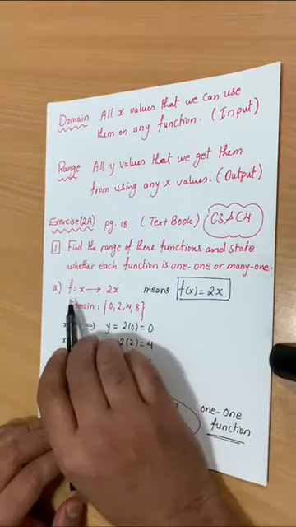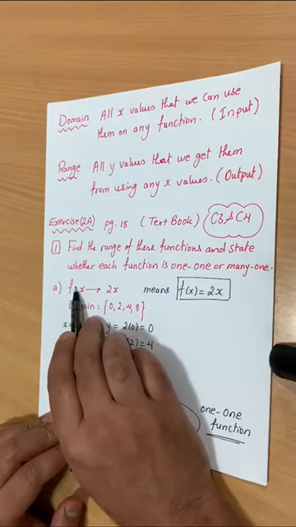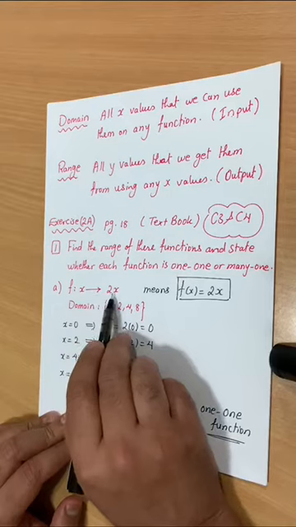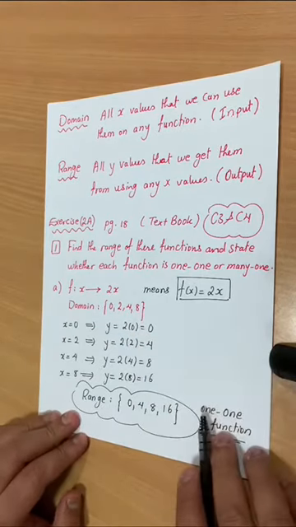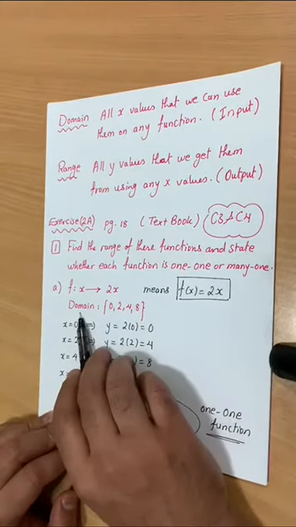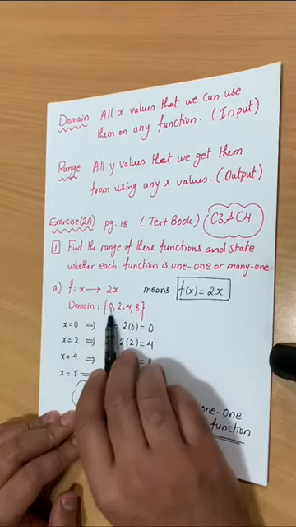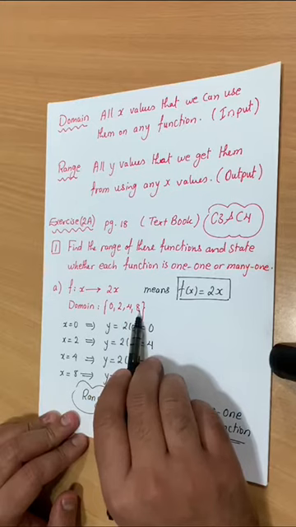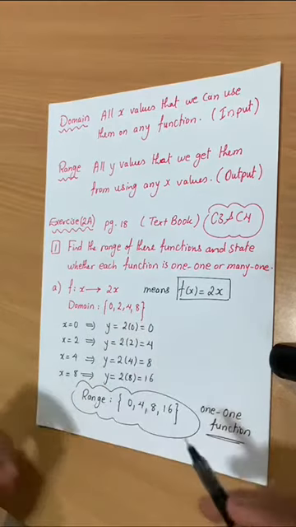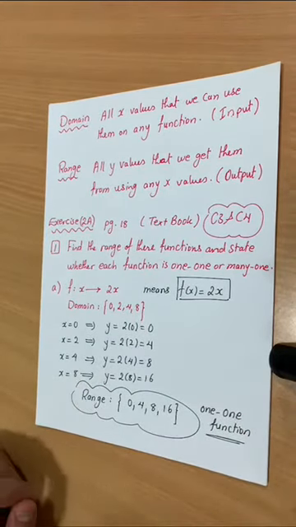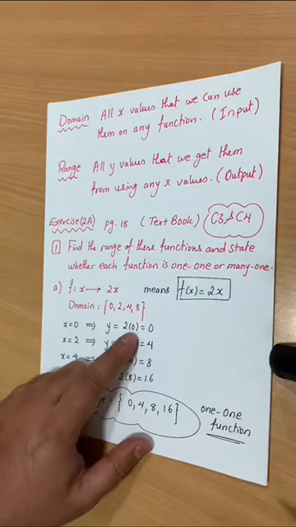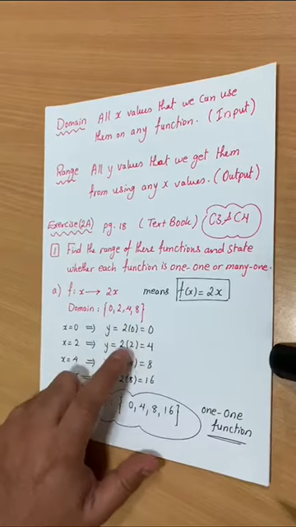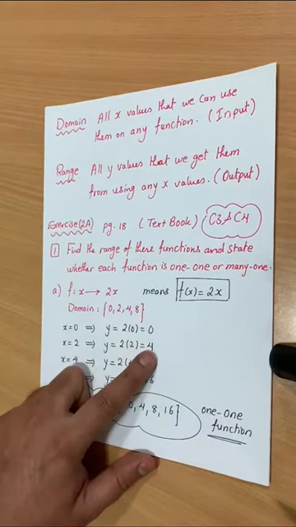For example, f of x is equal to 2x. The domain given to you in the question is the values 0, 2, 4, 8, which means we're supposed to use the x values for this domain. Once you replace x as 0, 2 times 0 will give you 0. Replacing x as 2, 2 times 2 is 4.